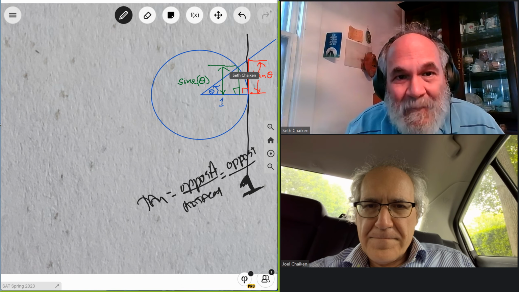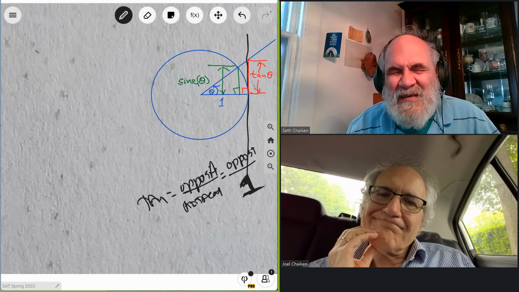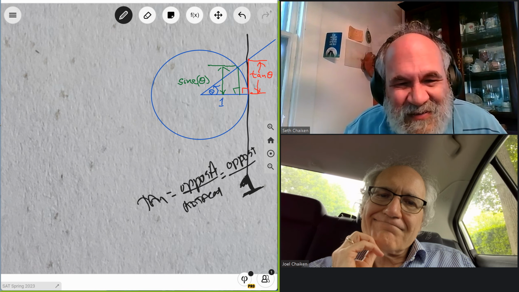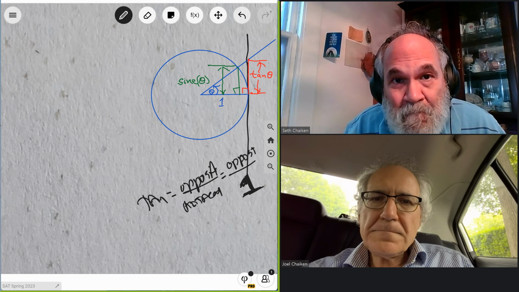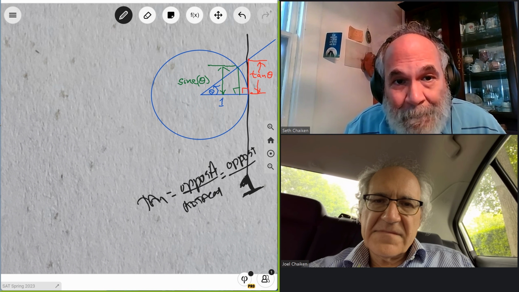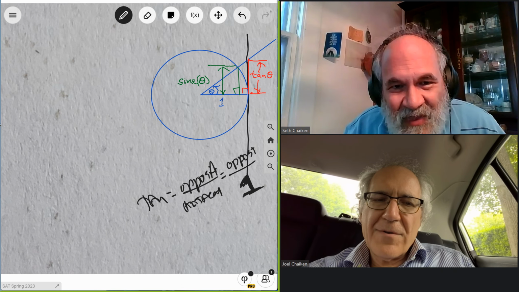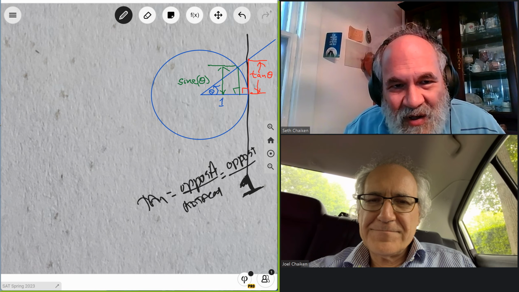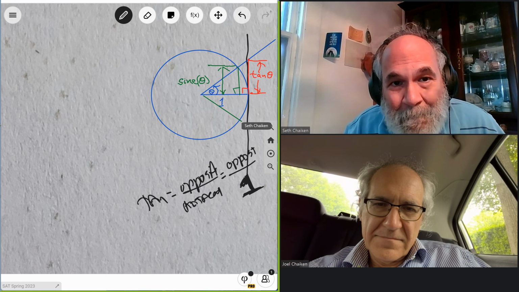What we had spoken about before is that in the old days they imagined a bow and arrow. Here's our bow.